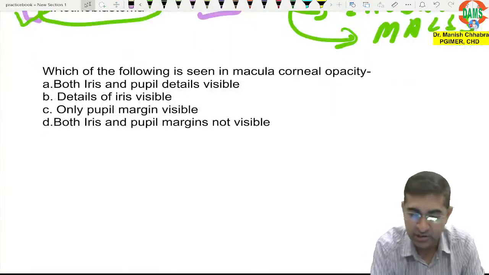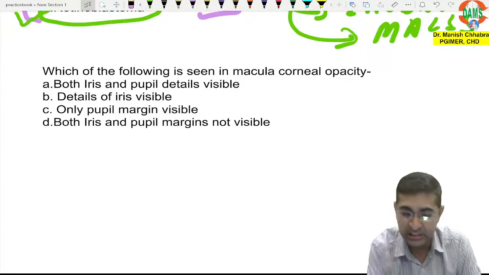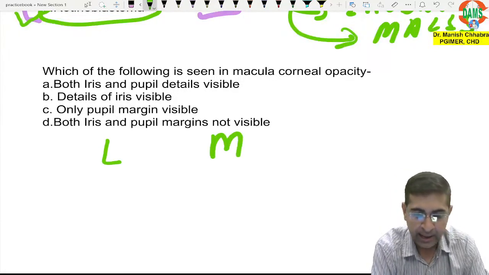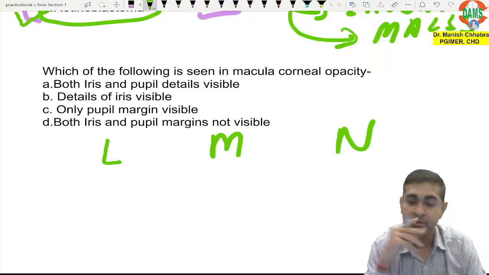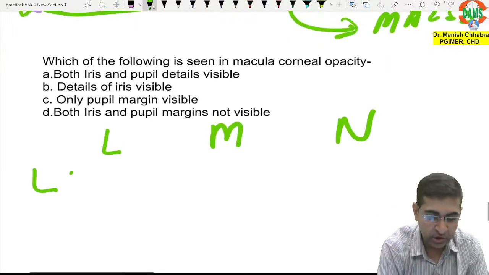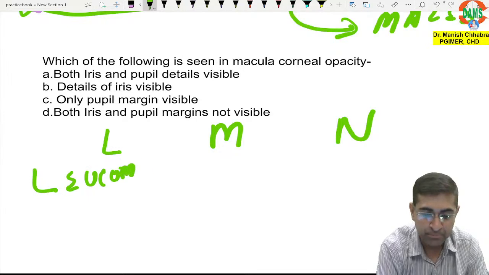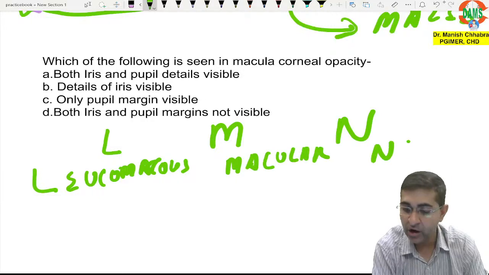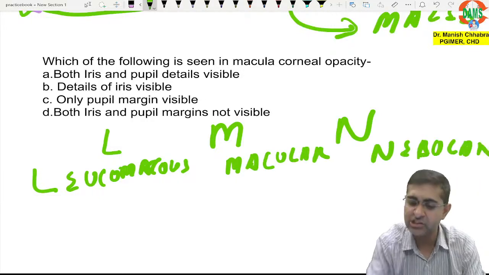Which of the following is seen in macular corneal opacity? So corneal opacity is of 3 types. How will you remember? A, B, C, D, E, F, G, H, I, J, K, L, M, N. So L for leukomatous, M for macular, N for nebular. Very easy to remember.